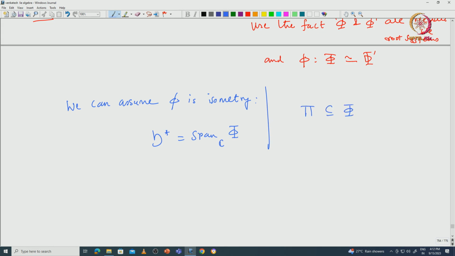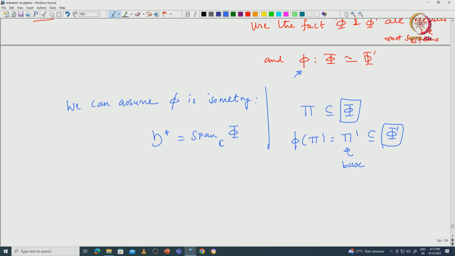Using this isomorphism pi, you can see that pi of Pi, which we call Pi dash, is also a base inside phi dash. Not only that, for example, there is a unique maximal root inside phi, and that will be mapped to the unique maximal root inside phi dash. All these properties are preserved using the isomorphism.